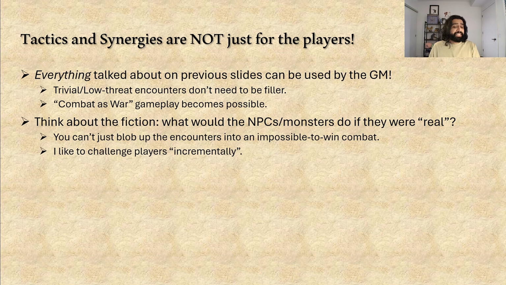Personally, I like to challenge players incrementally. For example, if we're trying to plot out a huge dungeon and the players slowly start raising alarms, they've set off some traps, they have been spotted by some enemies, got into combat, and some of those enemies ran away.